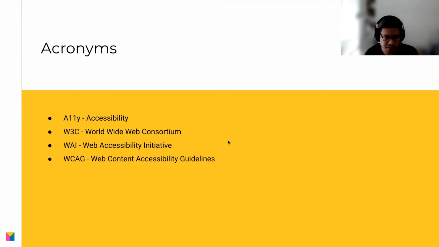Then you have WCAG, Web Content Accessibility Guidelines. I don't know how others pronounce it, but I call it WCAG. They are the guidelines produced by the W3C in participation with Y. These are the guidelines that tell us what our website should be doing, what makes it accessible, and the steps going towards that.